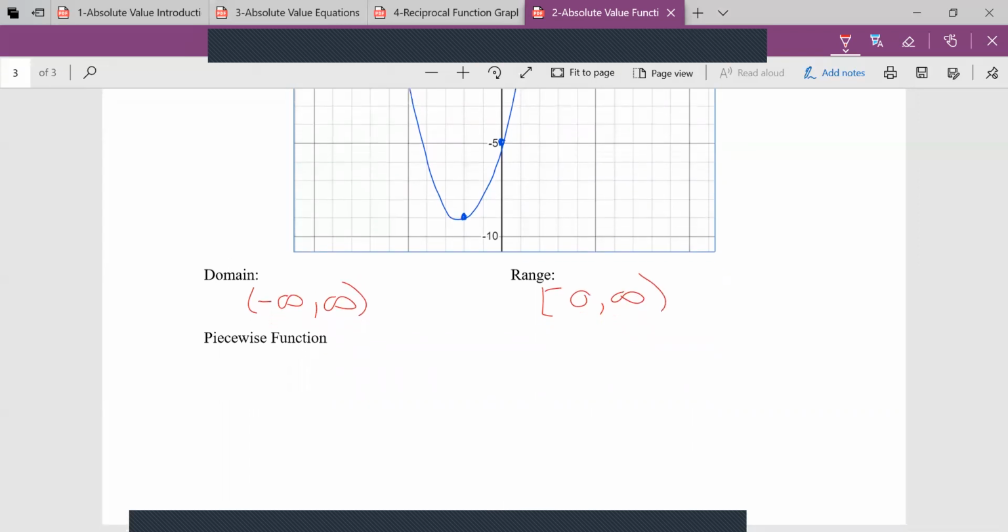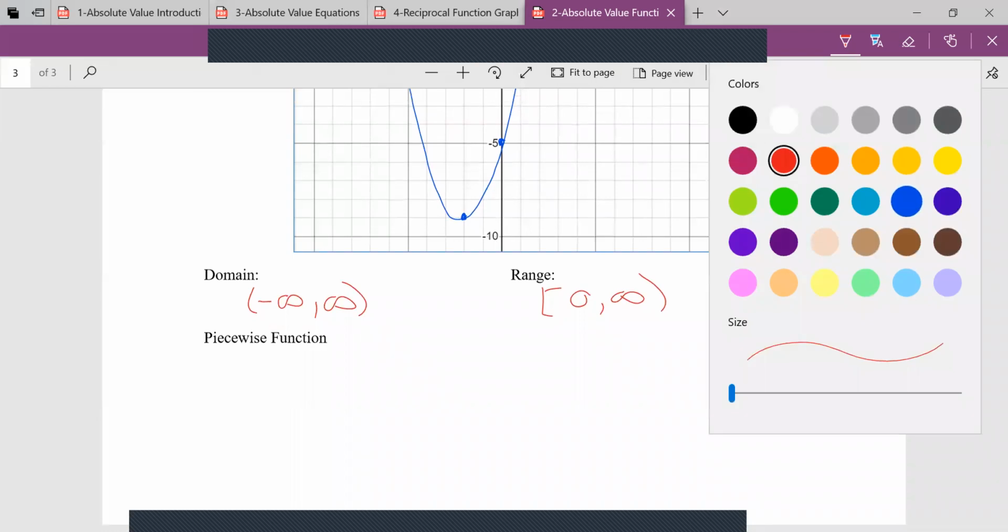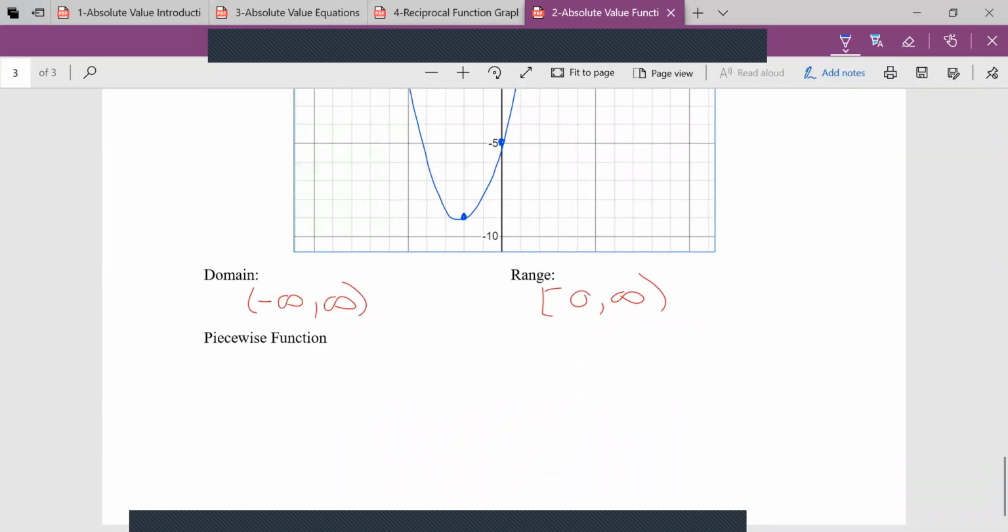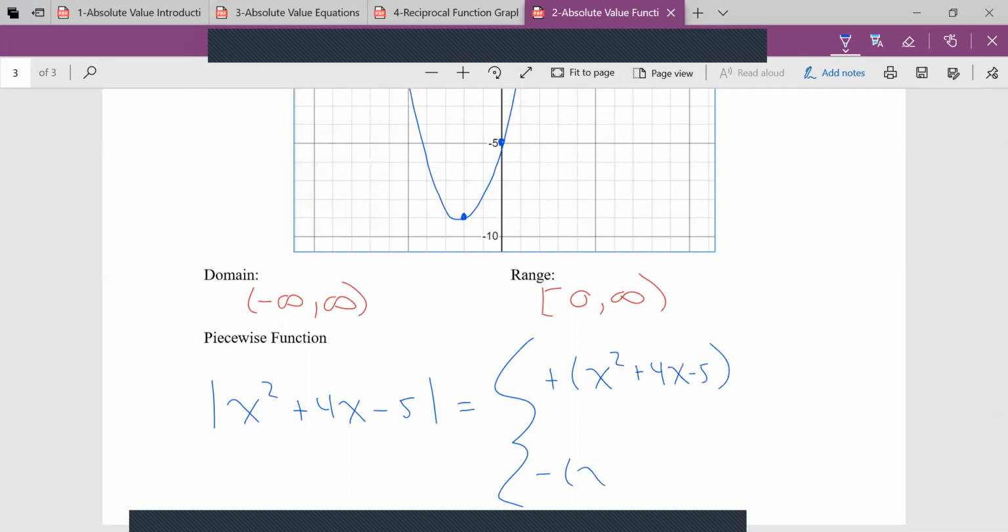Here's the part that sometimes is the trickiest as you're getting used to writing this. So the absolute value of x squared plus 4x minus 5, I'm going to think of it as broken up again into two parts. The positive part, like this, the negative part, like this. And then I go back to my original graph and ask, when?